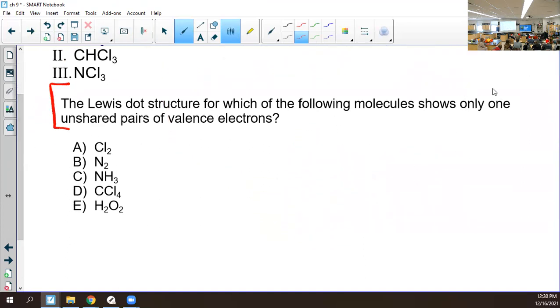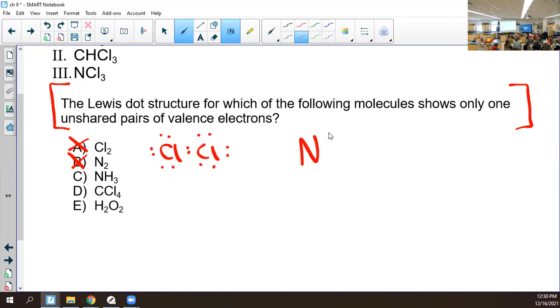The Lewis dot structure for which of the following molecules shows only 1 unshared pair of valence electrons? When you have a diatomic molecule, we have Cl, Cl, and then dots everywhere, right?